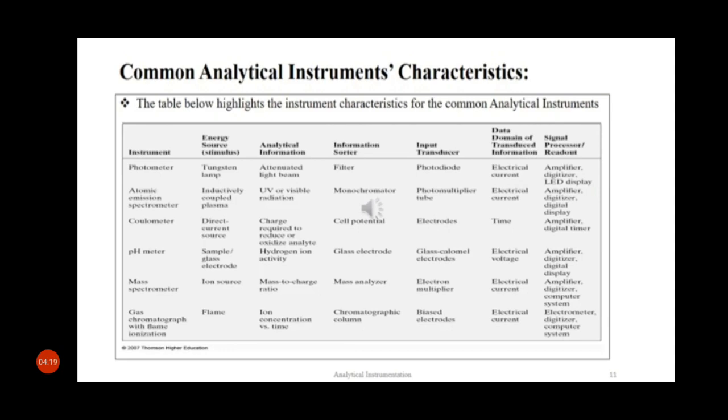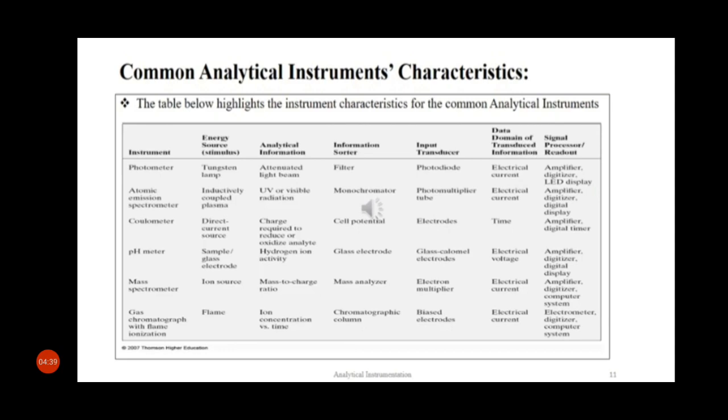Information sorter is a filter. Input transducer is a photodiode. Data domain of transduced information is electrical current. Signal processor or readout is an amplifier, digitizer, or LED display.